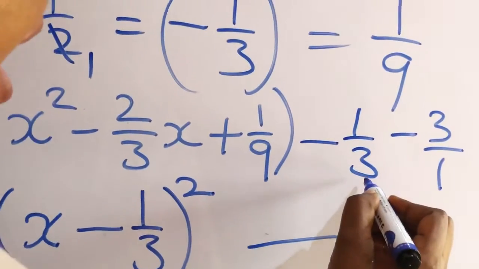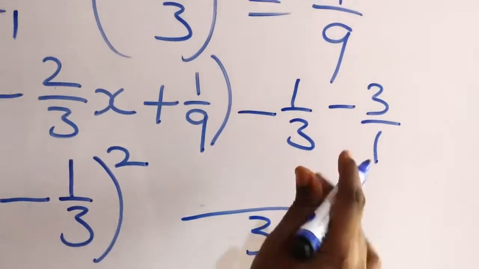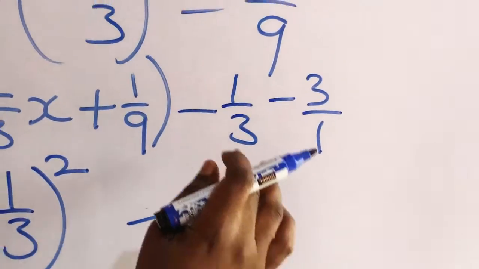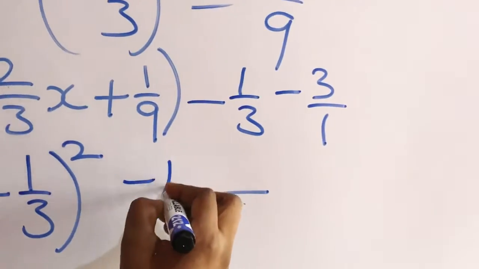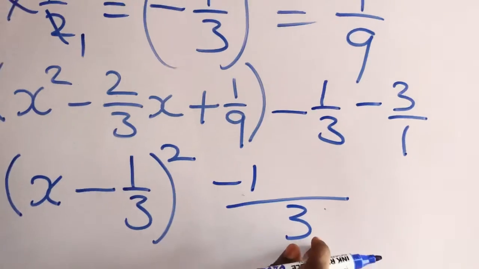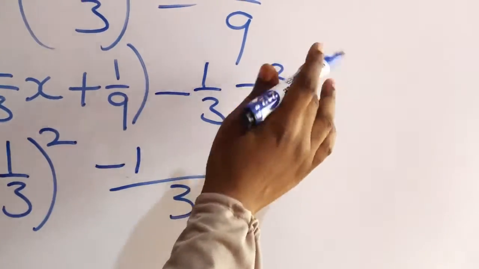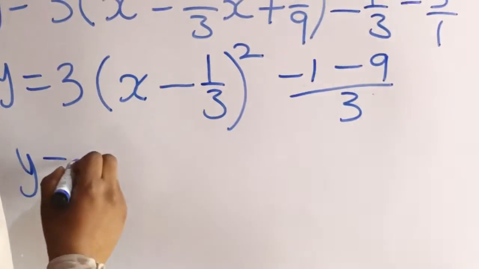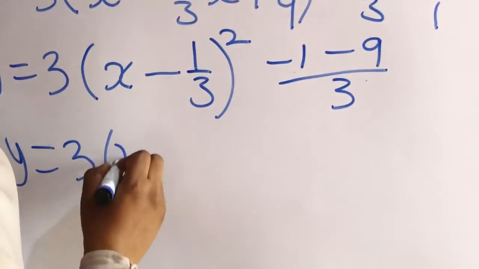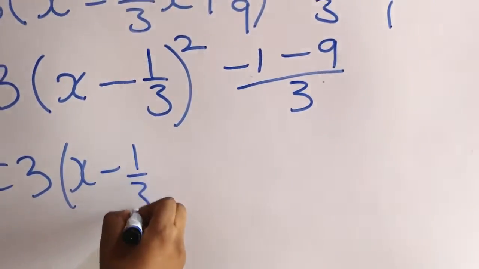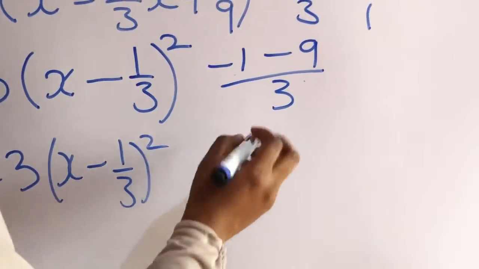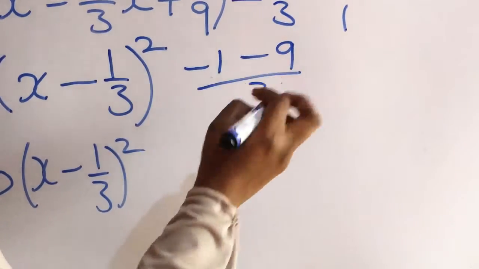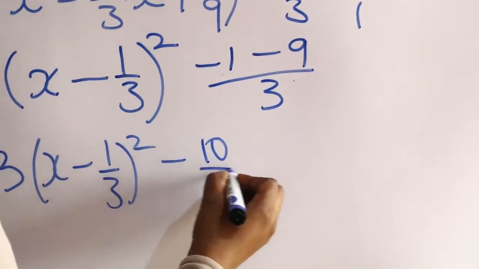The LCM of 3 and 1 is 3. 3 in 3, 1; 1 multiplied by minus 1, minus 1. Then 1 in 3, 3; 3 multiplied by minus 3, minus 9. So y is equal to 3 into brackets x minus 1 over 3 squared, then minus 1 minus 9, minus 10 over 3.